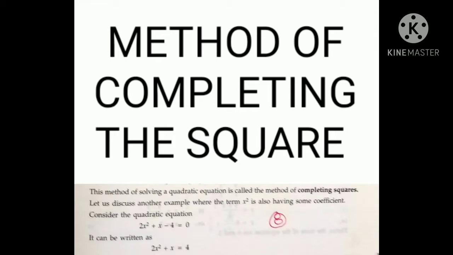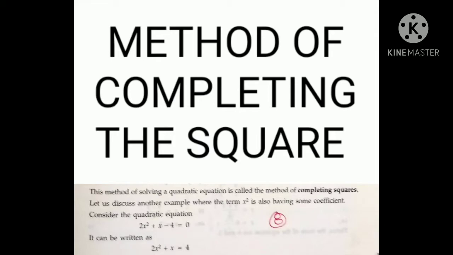Now we have two situations. In one situation we will have the coefficient of x square as 1, or you will not see any coefficient written along with x square. In the second case you will find some coefficient written along with x square.